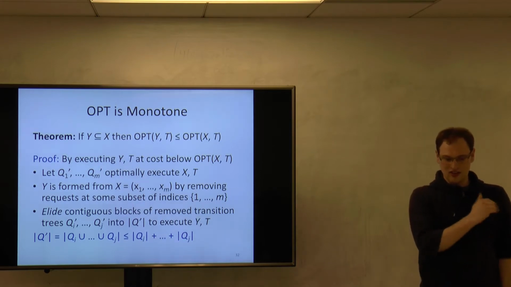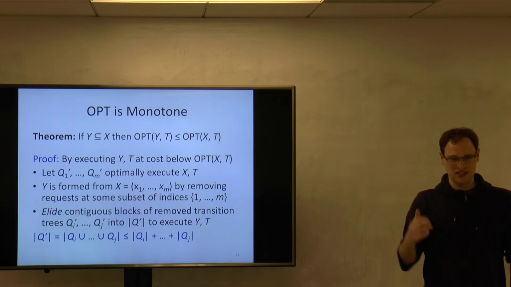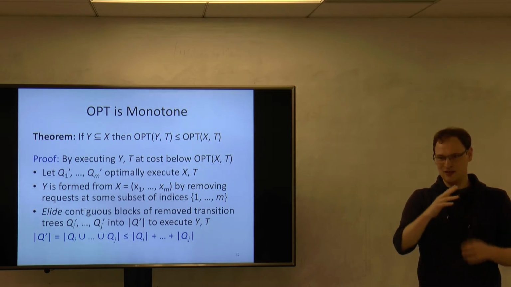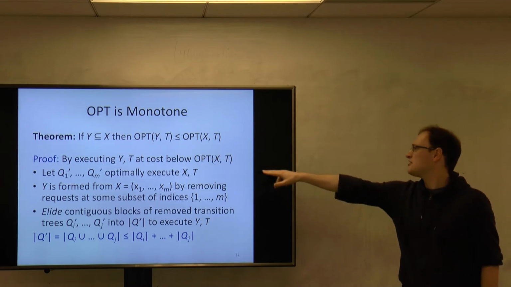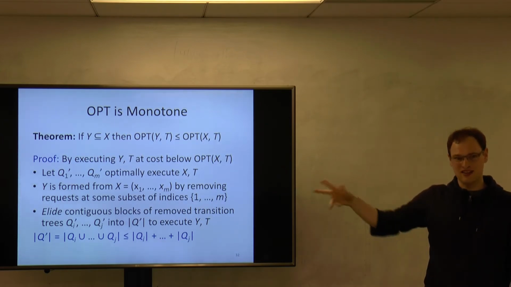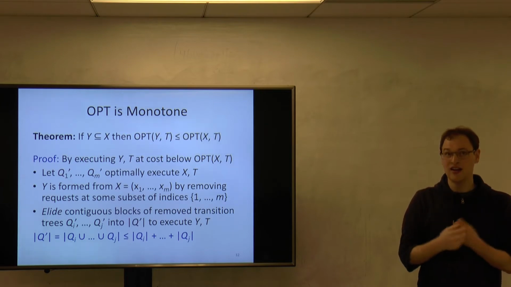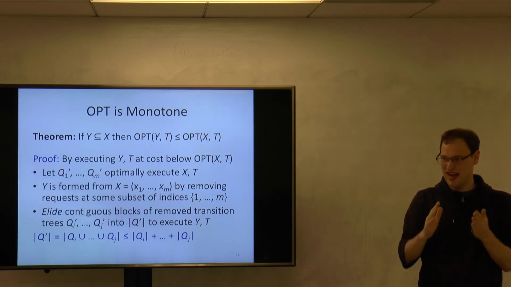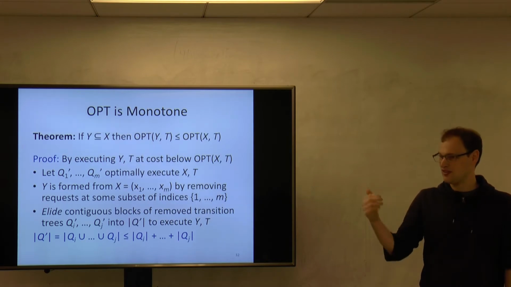We start with some optimal execution for x, and we elide together each contiguous subblock of transition trees in Q1 to QM. We elide the contiguous subblocks corresponding to removed requests. And then by union bound, the elided tree has fewer nodes than the total of the subtrees.